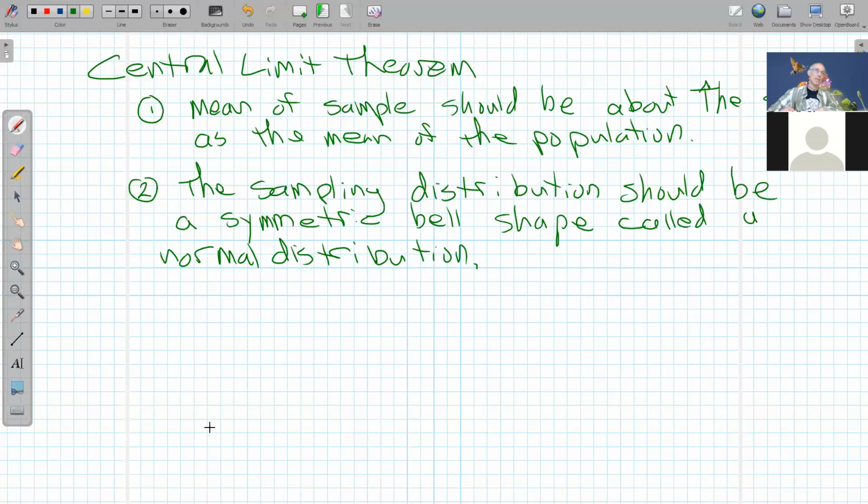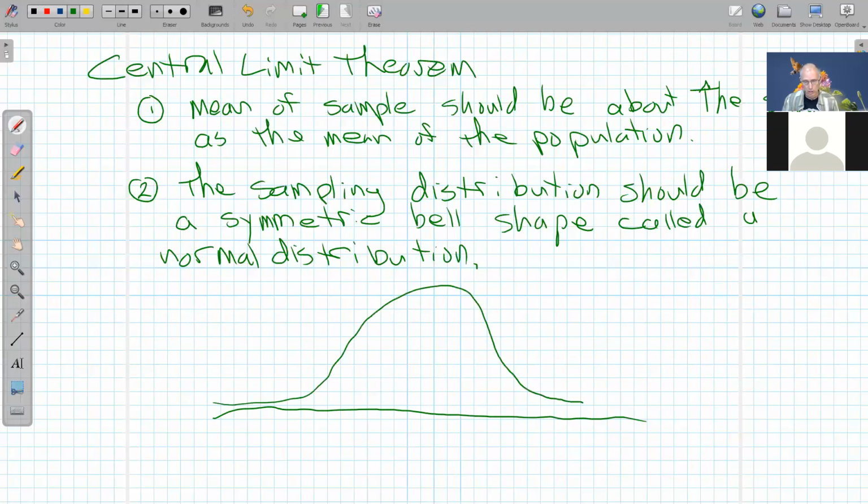Normal distribution came up way back in chapter 2 with this idea called the empirical rule. I'll remind you of that.